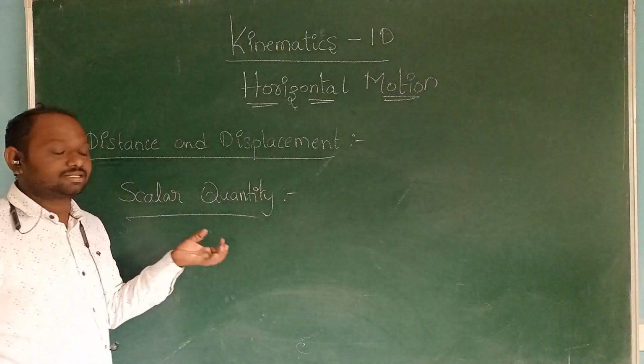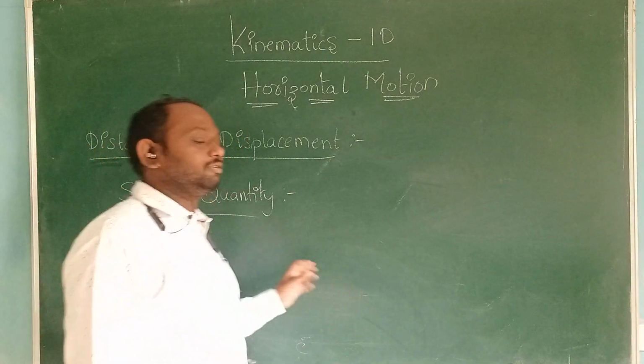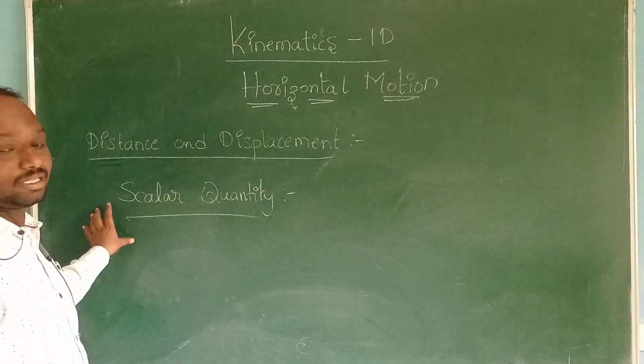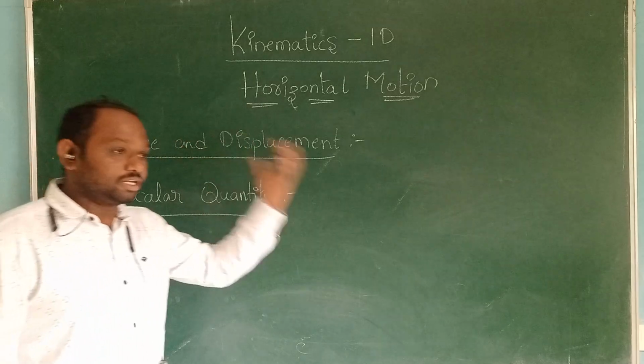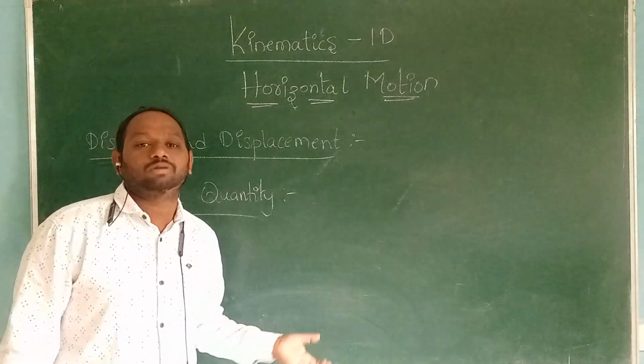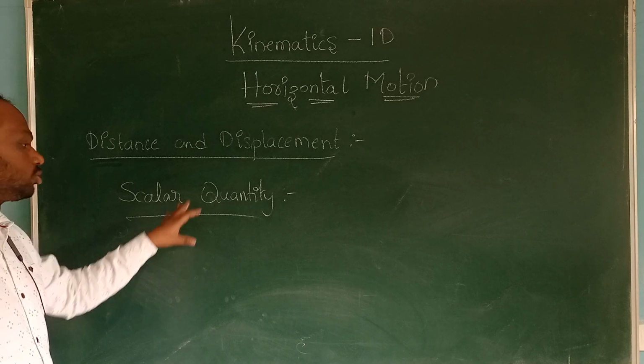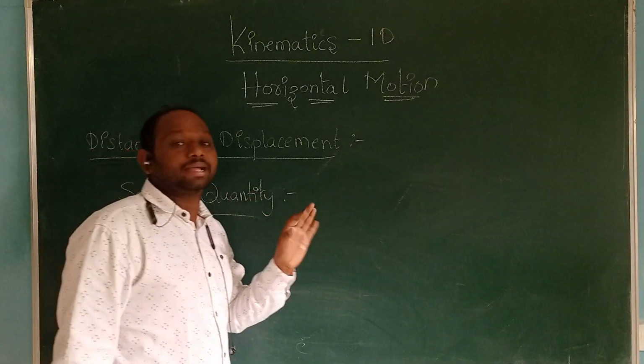You will hear these terms a number of times in our lessons when you are reading: distance is a scalar quantity, displacement is a vector quantity. So what is a scalar quantity? A scalar quantity has only magnitude.